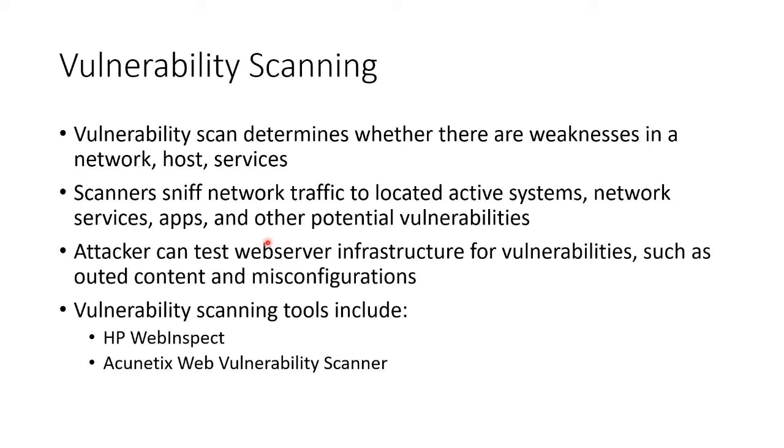We could test the web server infrastructure, and we could look for outdated content, misconfigurations. There are any number of web server vulnerability scanning tools, HP Web Inspect, Acunetix Web Vulnerability Scanner, Metasploit Pro, let's see, what is it, Nikto. So there are a number.